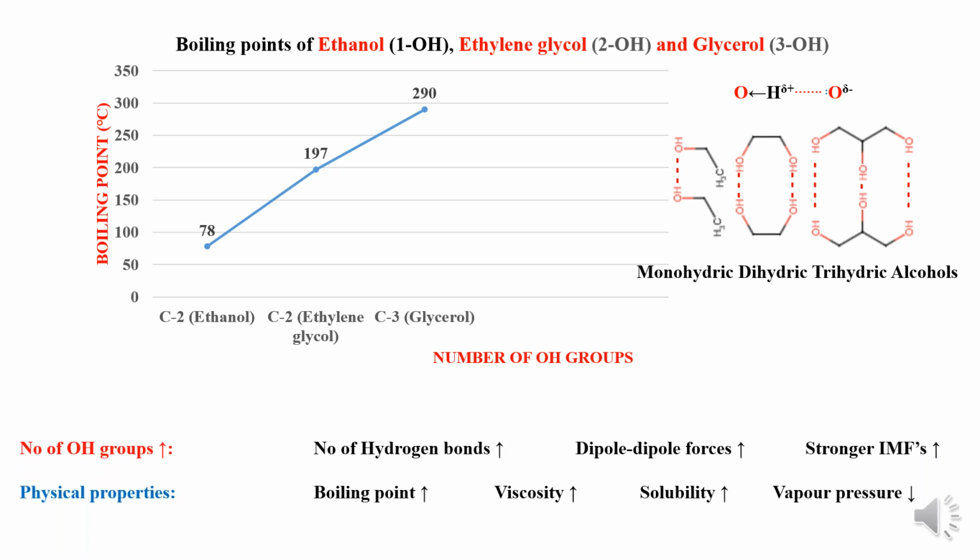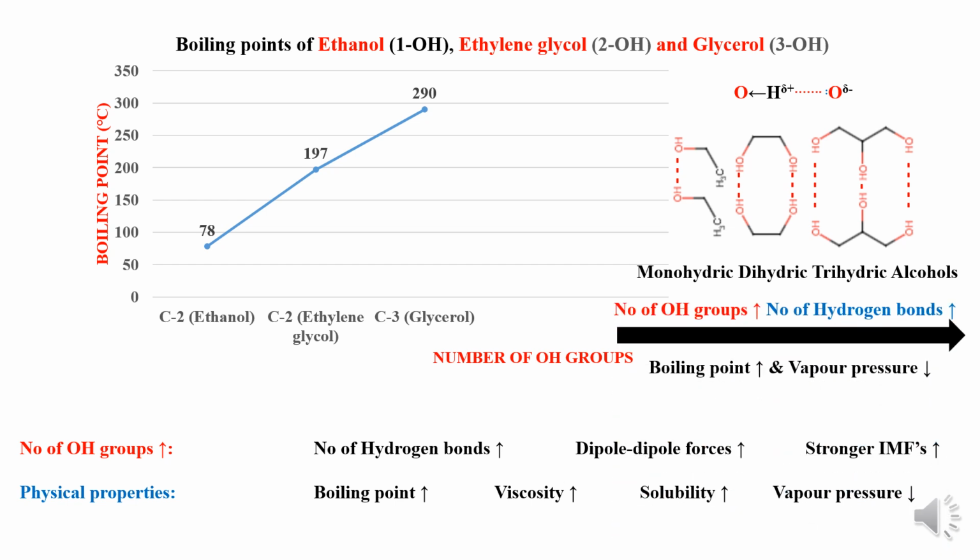As the number of hydroxy groups increases, the number of hydrogen bonds increases. With the increase in the number of hydrogen bonds, the dipole-dipole force increases, and this leads to a stronger intermolecular force. As a result of the stronger intermolecular forces existing between these molecules, there is a corresponding increase in the boiling point, viscosity increases, solubility increases, while the vapor pressure falls.